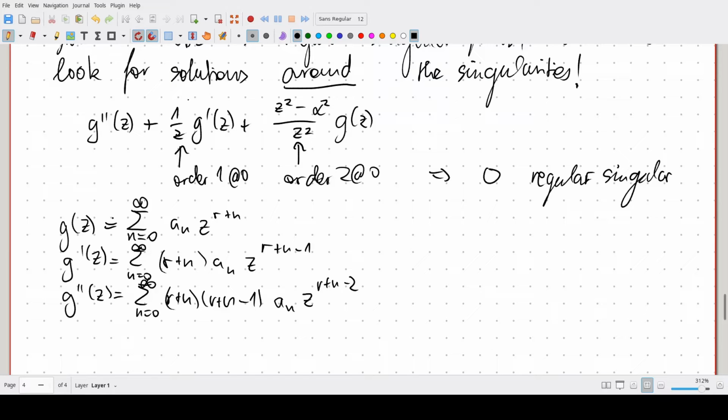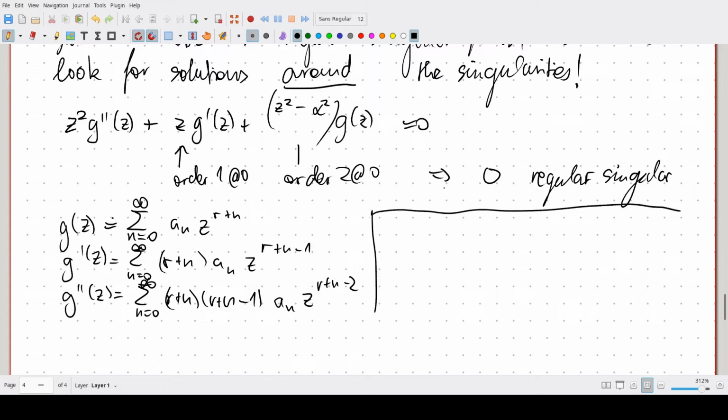And, well, we can multiply our equation through by z squared. And then we just get this. And if we now plug in our power series, the z squared in front of the second derivative kills our minus 2 here. The z in front of the first derivative kills our minus 1 here.